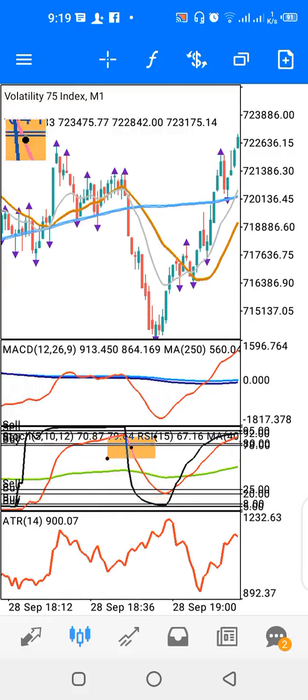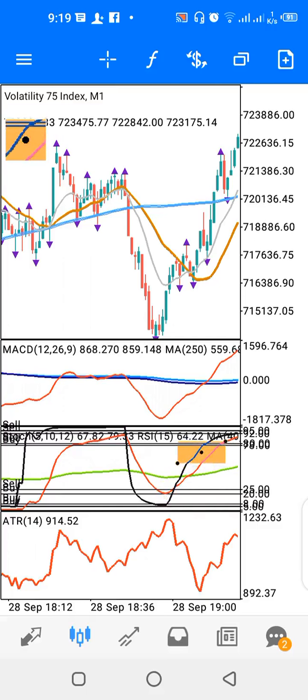Confirmation of sell is when it crosses below the green line and also gets to the 20 level. You continue to sell. You close your sell when it attempts to cross above the 20 level, and that's when you buy. Place a buy when it crosses up above the red line around the 20 level.